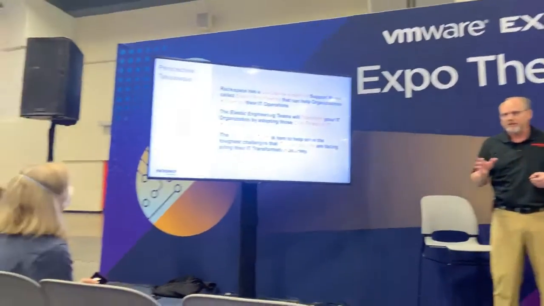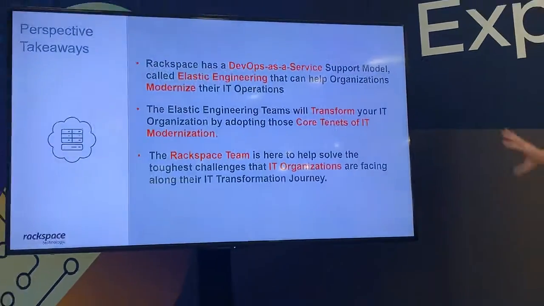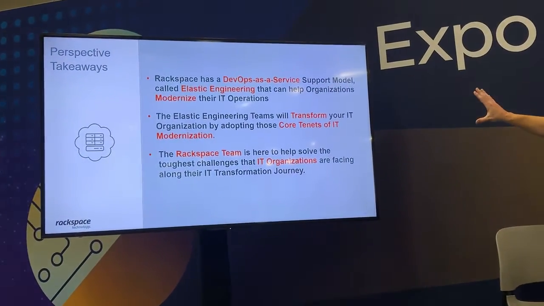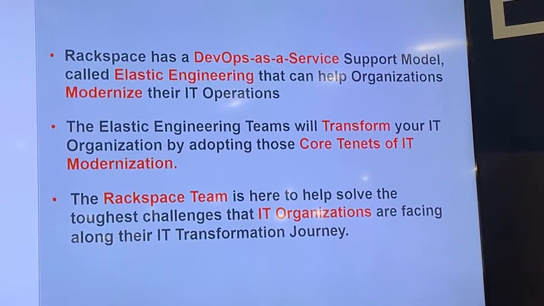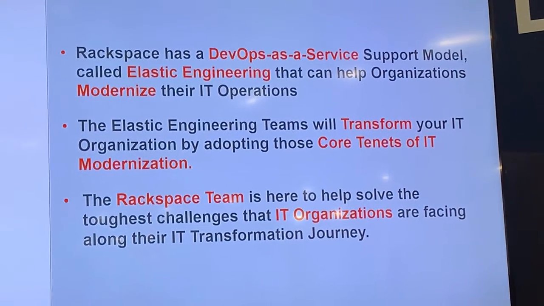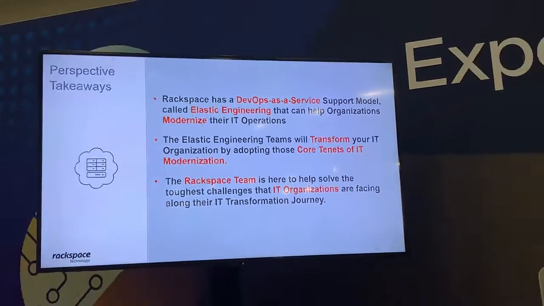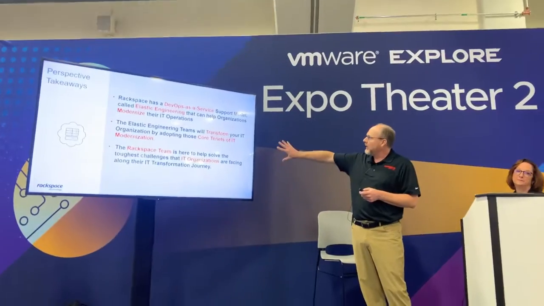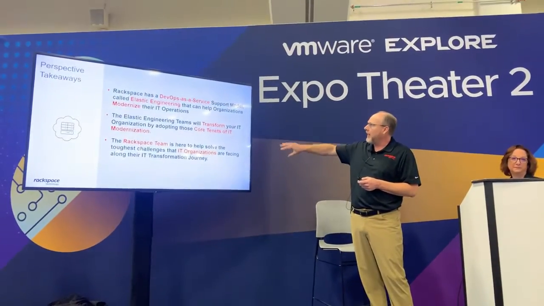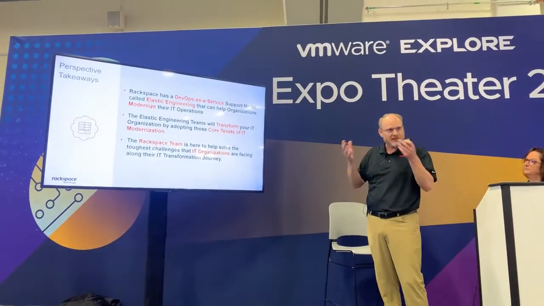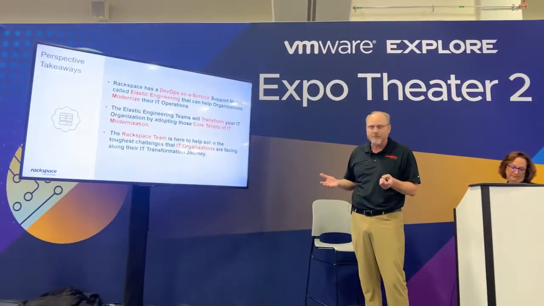A couple of takeaways from these perspectives. I just want to highlight again, Rackspace has that DevOps as a service support model that we call Elastic Engineering. That's what we use to help our organizations modernize their IT ops. We can help you transform as well by leveraging those core tenets, always thinking about those, and those are our guiding principles.